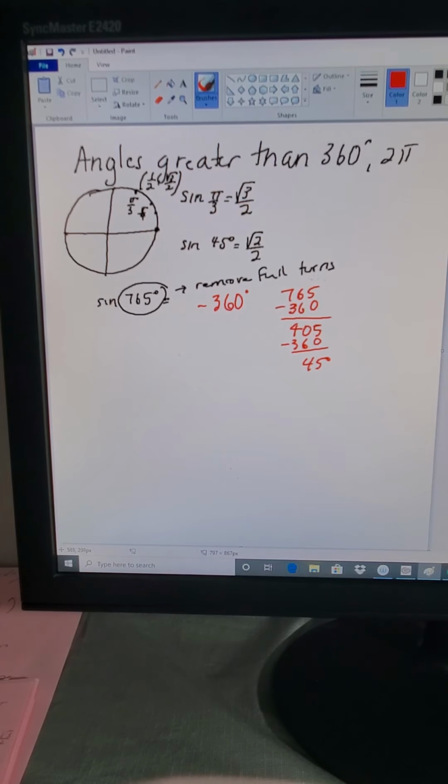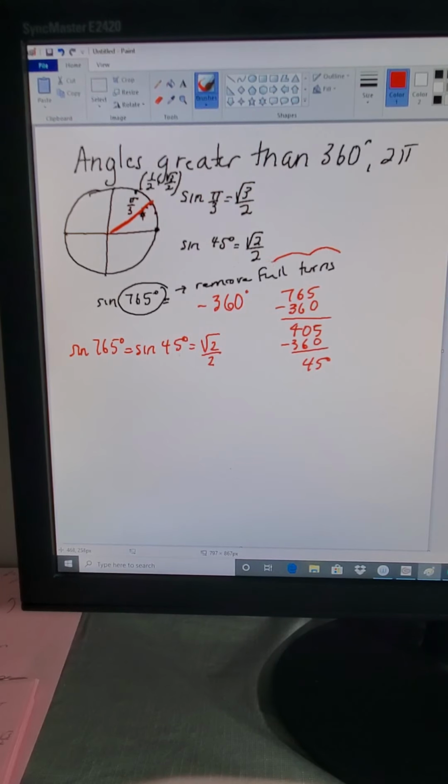So 765 degrees would be 2 full turns only to end up at the exact same spot as 45 degrees. So the sine of 765 degrees is the same as the sine of 45 degrees, and I did that earlier, and that is the square root of 2 over 2.